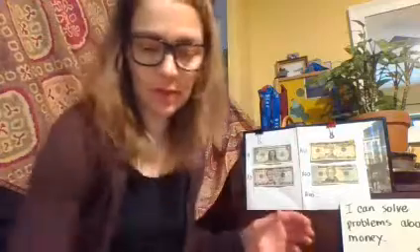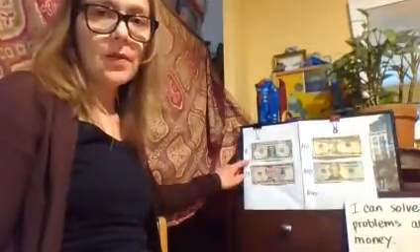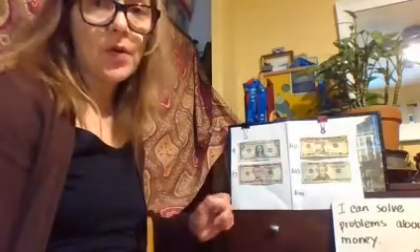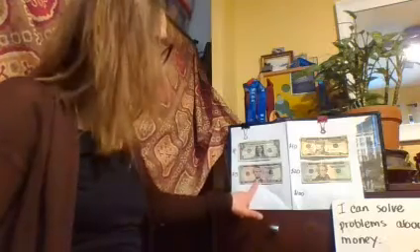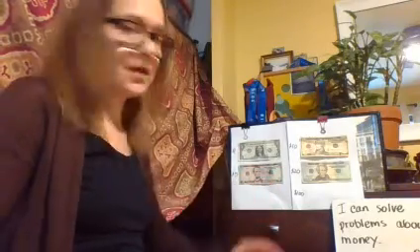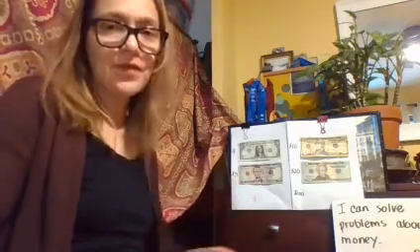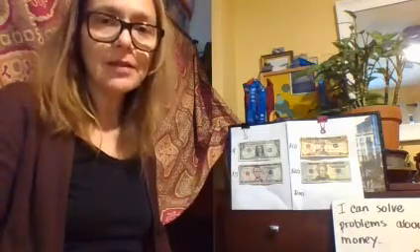Okay, let's quickly review the bills. We have a $1 bill, and the $1 bill has 1 in the four corners, and its value is $1 or 100 cents. Then we have the $5 bill, and the 5 will be in the four corners, and the value is $5 or 500 cents.